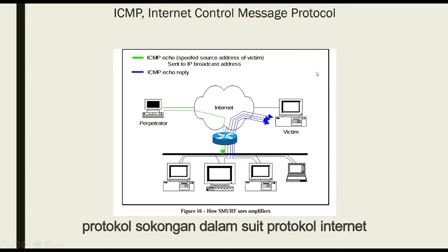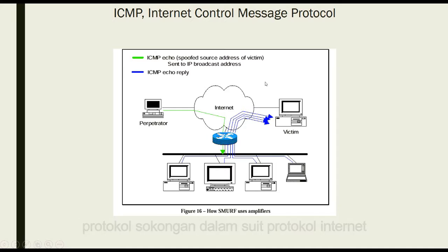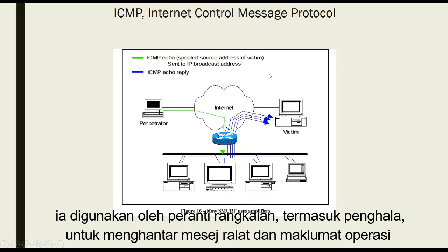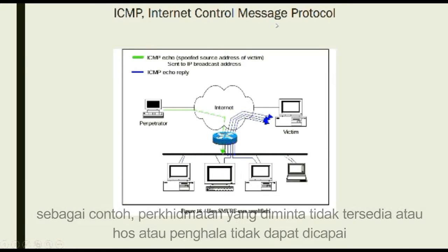The Internet Control Message Protocol (ICMP) is a supporting protocol in the Internet Protocol suite. It is used by network devices, including routers, to send error messages and operational information indicating, for example, that a requested service is not available or that a host or router could not be reached.